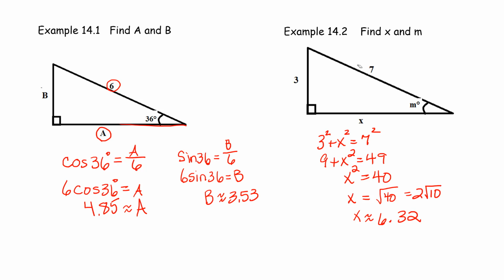All right, to find M, we have the opposite side to M and we have the hypotenuse, so we can use sine because sine of M equals opposite over hypotenuse. Remember, you put an angle in for the domain for sine. That has to be an angle. And now we have a different situation. Over here, we knew the angle and we were looking for the ratio. Now we know the ratio and we're looking for the angle.